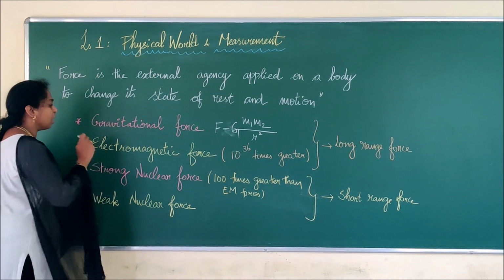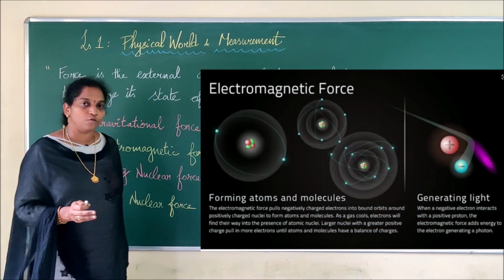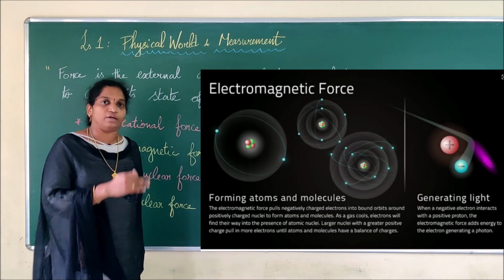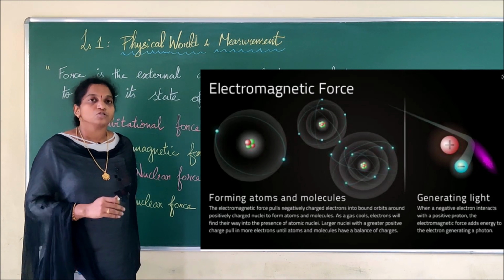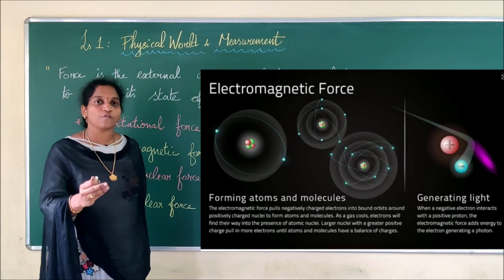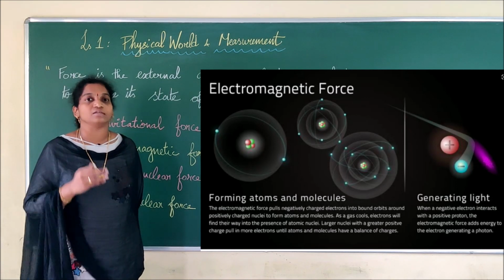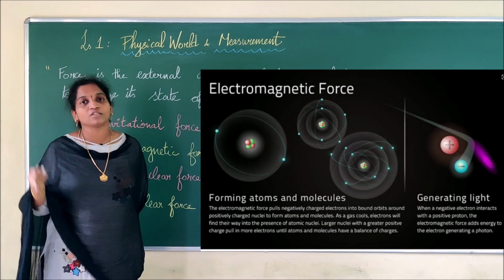Right. The next force is electromagnetic force. So what is the electromagnetic force? Both electric and magnetic force join together to form an electromagnetic force. So we can say that it is a force of attraction between two charged particles, or between two electrons, or between two charged wires.